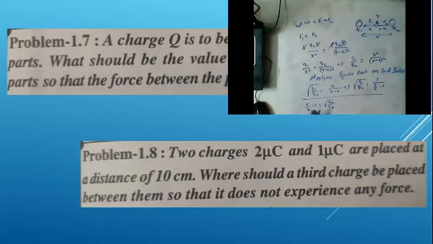So from this we can write r by x is equal to square root of q2 by q1 plus 1. Ultimately that implies we can write the formula as x is equal to r by (square root of q2 by q1 plus 1).